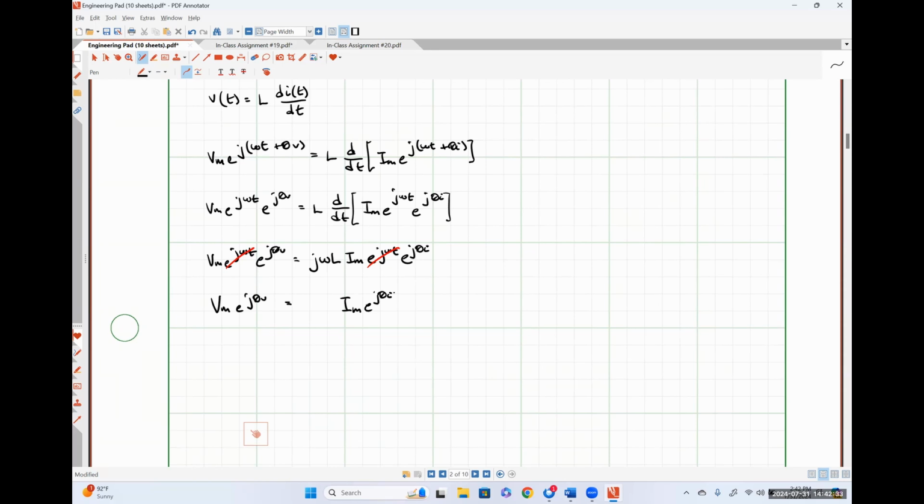So we had exponential form complex numbers on both sides. But right now, we have a rectangular form complex number, j omega L, being multiplied by that exponential form complex number. So how could we represent that j omega L as an exponential form complex number so that we can do this multiplication easily?